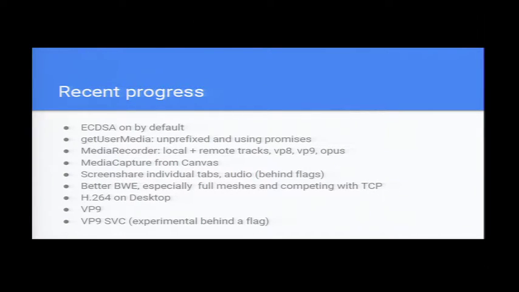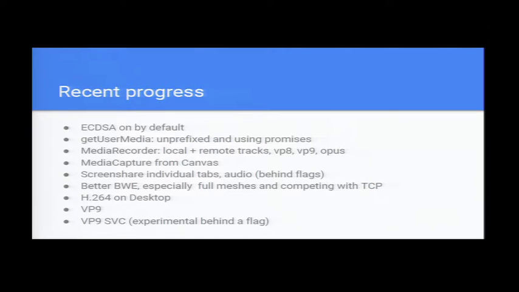On the performance side of things, we've improved bandwidth estimation quite a lot. That's an ongoing thing. We're always improving bandwidth estimation, but in particular, recently we've improved it for situations like when you have a full mesh. If you're doing, say, a 4-way or 3-way call, and you're sending your audio and video to multiple other peers, not just one.